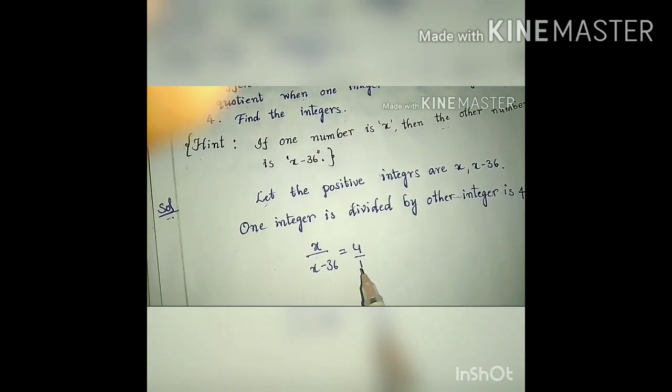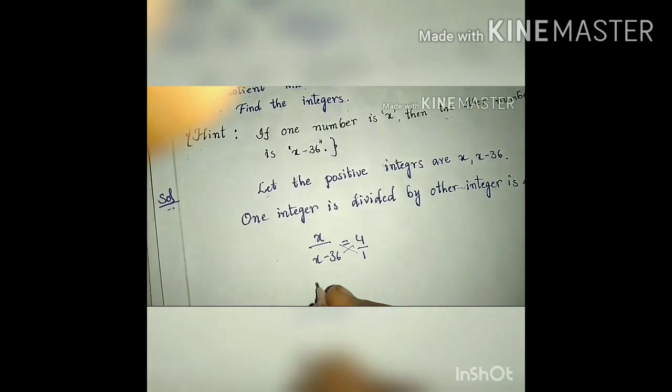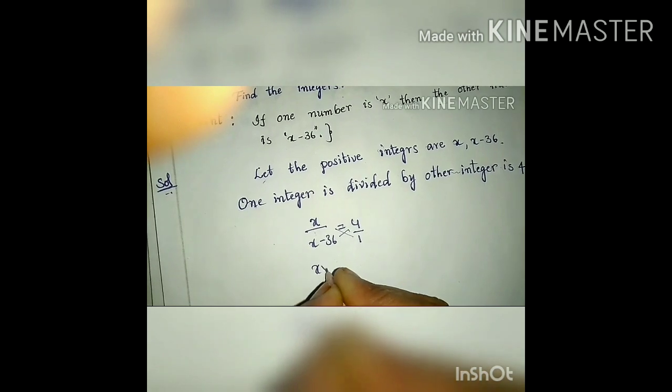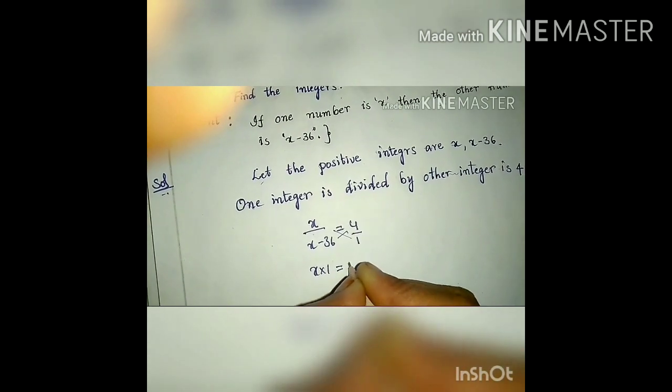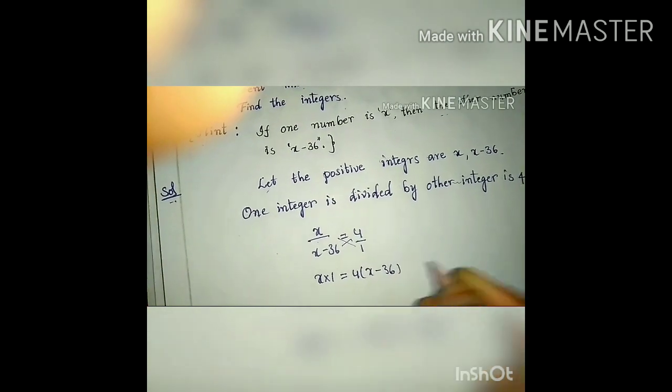Now I have to take 1 as the denominator. Now do the cross multiplication. So x into 1 is equal to 4 into x minus 36.